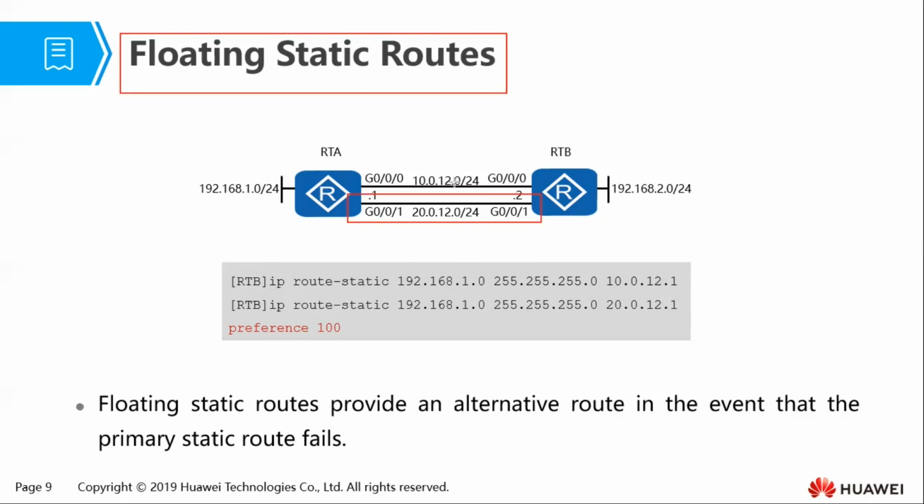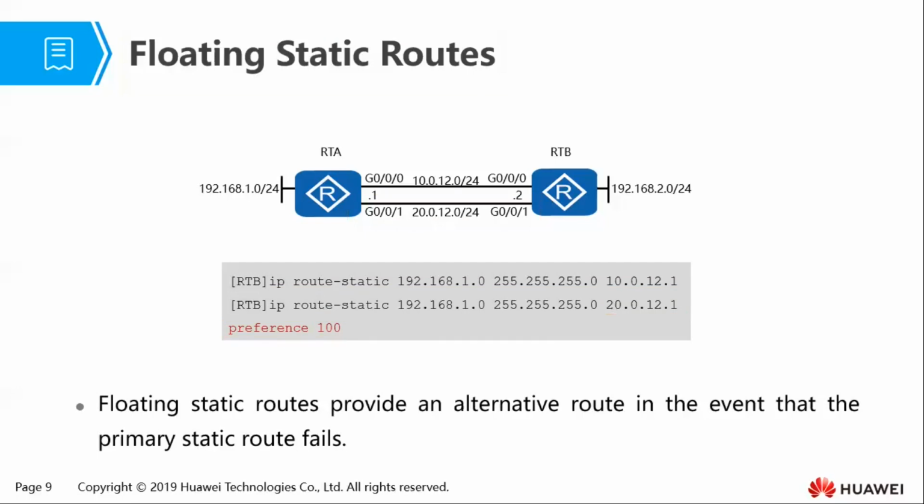So for the first route via the 10.0.12.1 network, we configure it normally. We know that the default preference value for static routes is 60. But now, when we are configuring the next one via the 20.0.12.1 network, we add in front of that, this is supposed to be on one line, a space, then the keyword preference, then 100. So now the preference of this route is 100. And therefore, it is not going to be installed in the routing table.